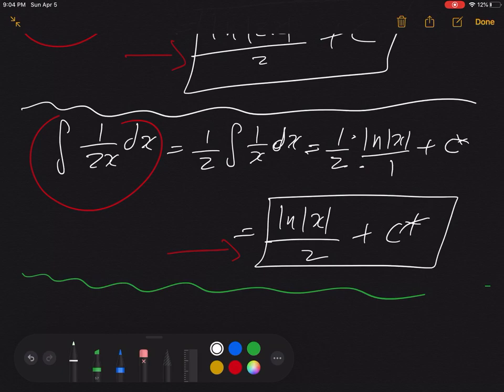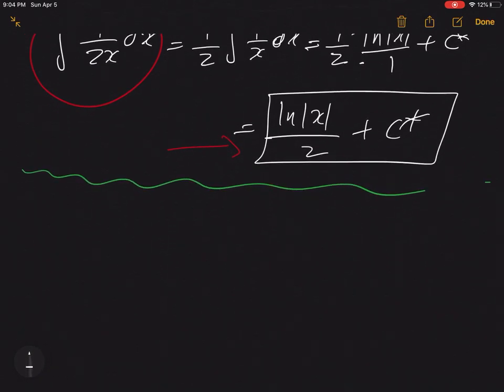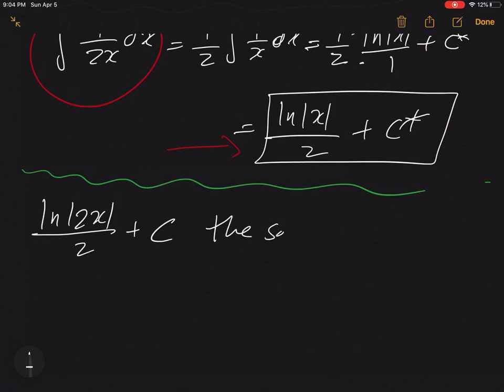Okay, so the first answer that we got above is just the ln of absolute 2x over 2 plus c, and we want to show that this is the same, not equal to, but the same as ln absolute x over 2 plus c star.